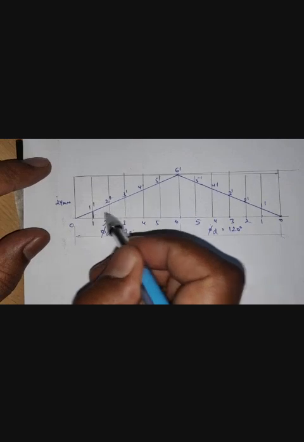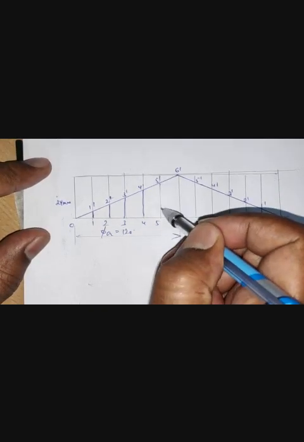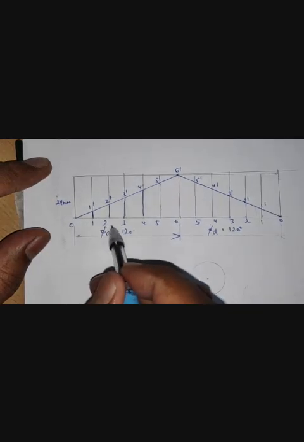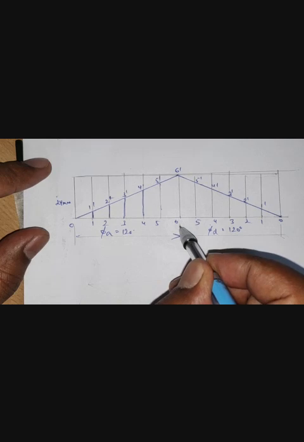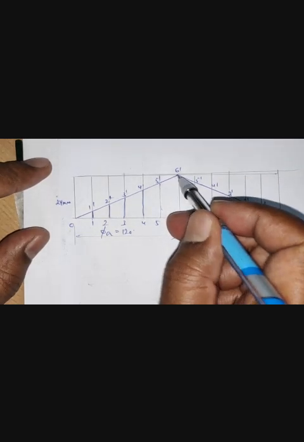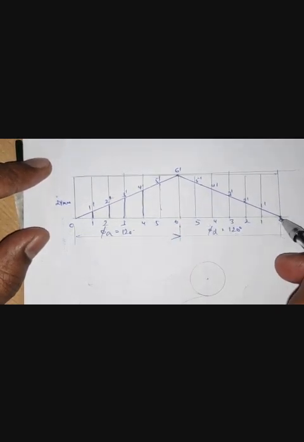So these are the heights through which the follower has to rise after every 20 degree, so that by this point it rises by 120 degree. That's at 120 degree it rises through this side, and again in the next 120 degree it comes back to its original position.